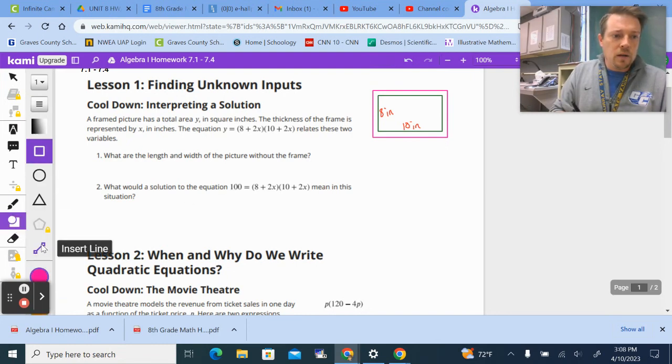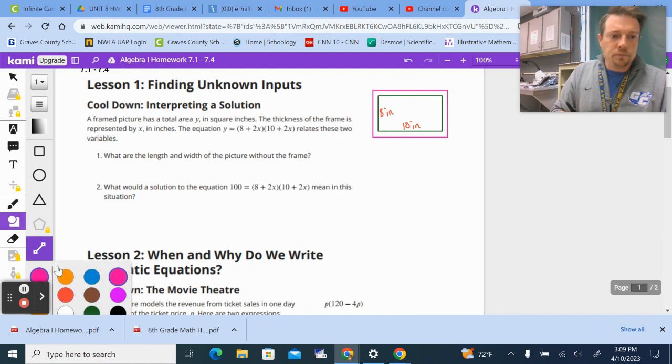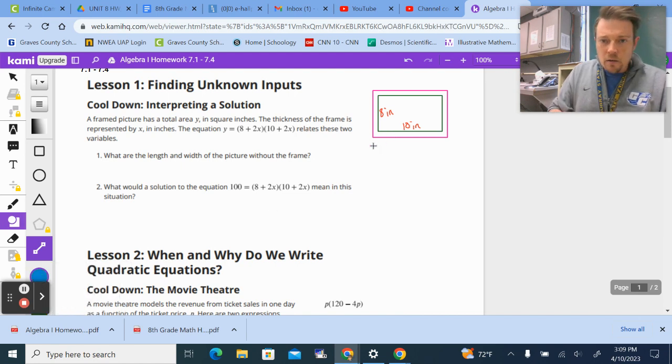I'm going to draw a line here to help us see this. So I know that from here all the way across is the length of everything inside, and I know that it's at least 10.